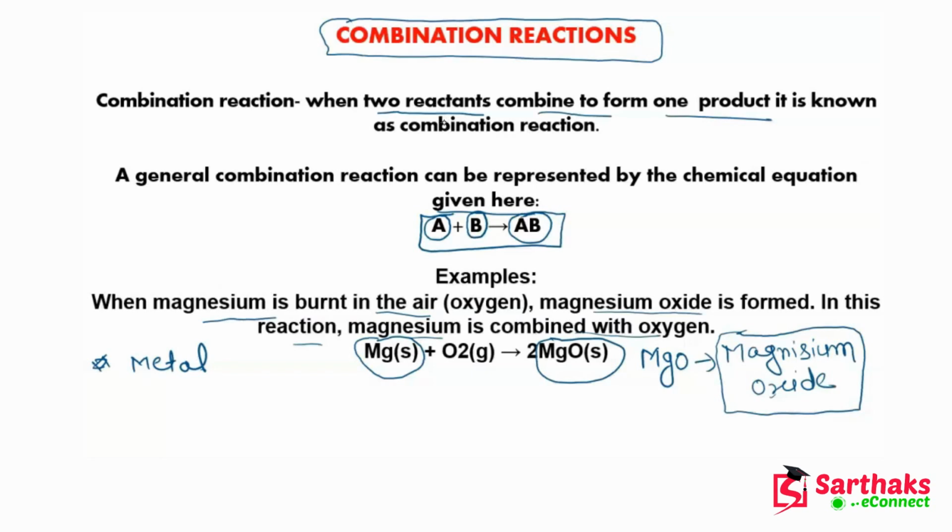You can see that there is no other element with which this magnesium is combined, but this is oxygen, and this is basically O2. This O2 means this is a gas, and here you can see that an element of oxygen is combined with another element, and that is also oxygen.